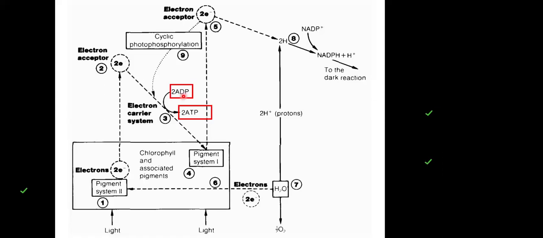And the adenosine diphosphate is a nucleotide that has 2 phosphate groups. So the bond that is formed between these phosphate groups carries a lot of energy. So we call them high energy bonds. So these bonds constitute what we call the energy currency of the cell. So when a cell requires energy, it breaks these bonds, and the energy released is used to carry out the different metabolic processes.